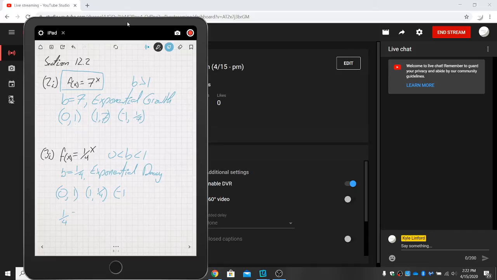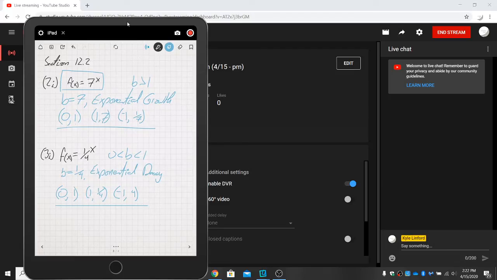Well, 1/4 to the -1 power is the same as 1 over 1/4 to the +1. And if I flip and multiply, I would just get 4. Hey, that's actually pretty helpful when we need to graph this. -1 here would get us a 4. Knowing these 3 points, I can pretty accurately sketch a little graph of what's going on here.